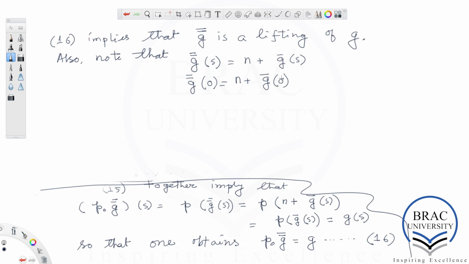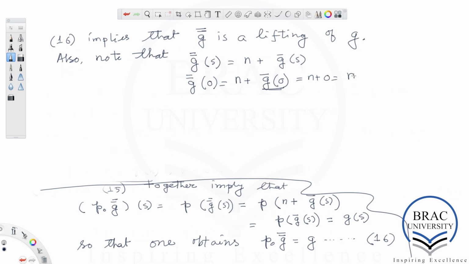And F bar and G bar were unique lifts, right, starting at the point 0 of the real line. So this is 0, so that this is just n.